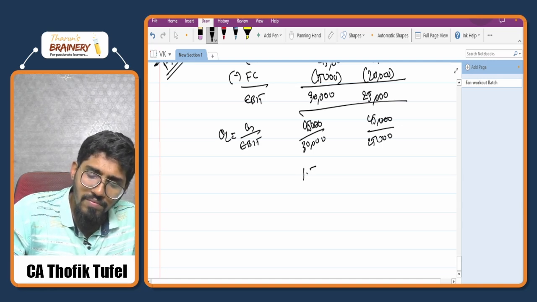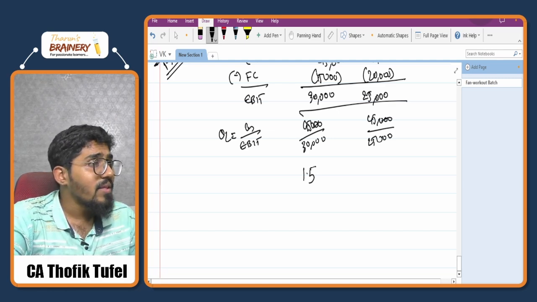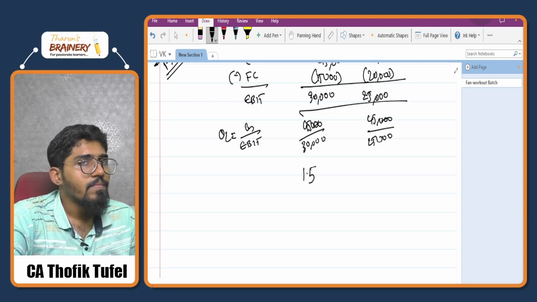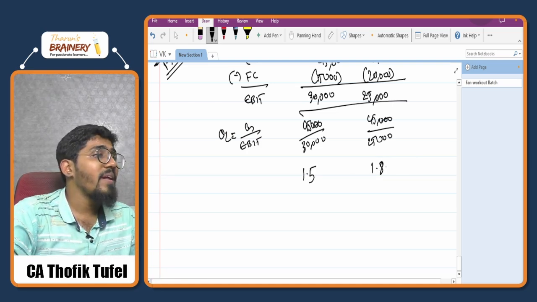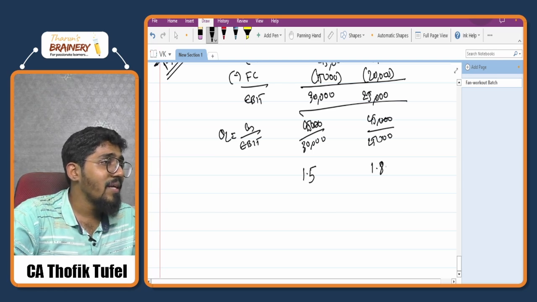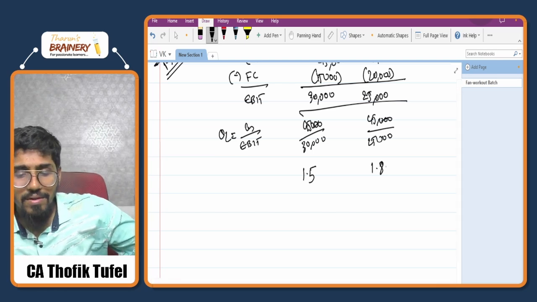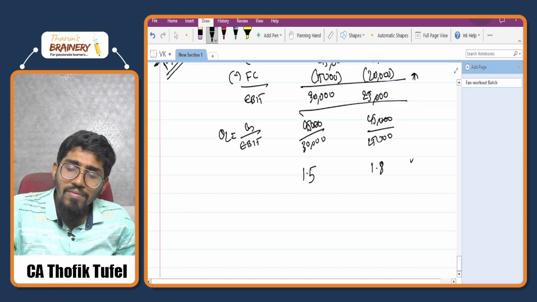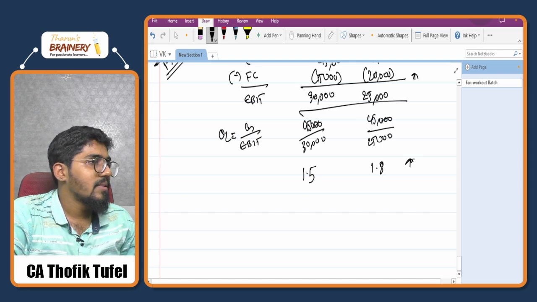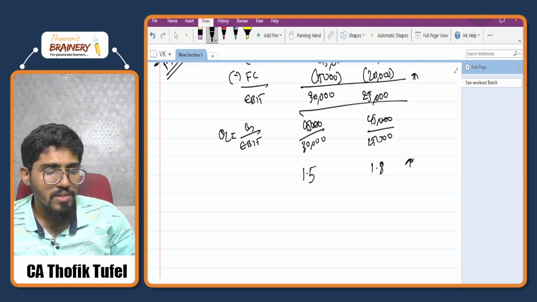And what is 45,000 divided by 25,000? 1.8. So see, from here we are getting that if fixed cost is more, because there it is 15, here it is 20, leverage will also be more. Understanding? Till here it is over.